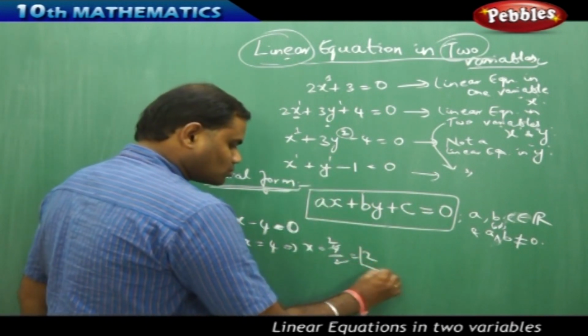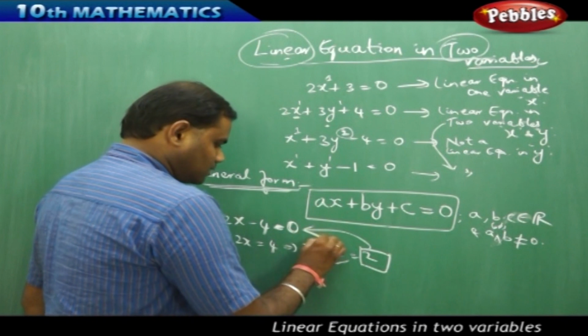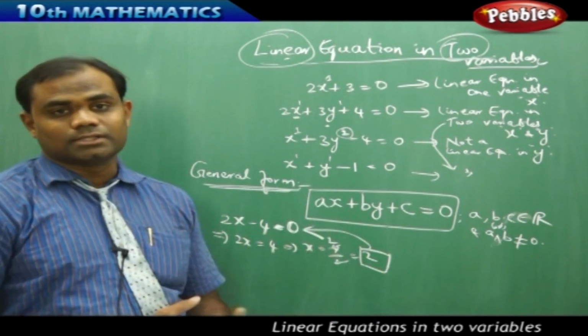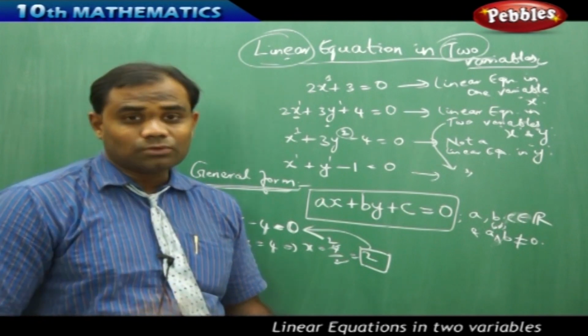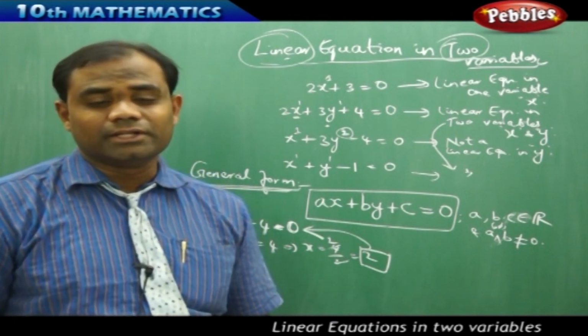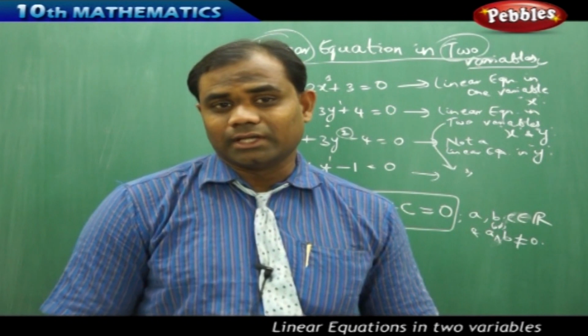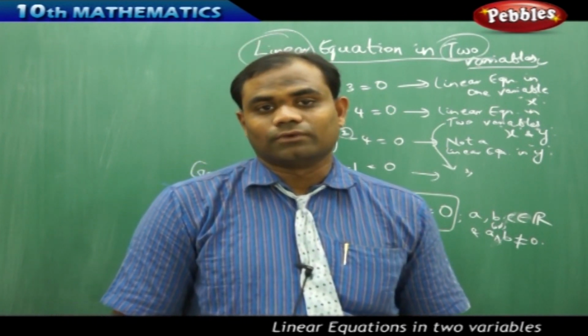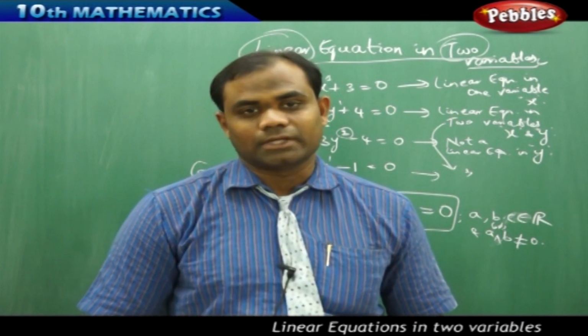So x is equal to 2 is the solution for a linear equation in one variable. But how do we find the solution of the linear equations in two variables, which has two unknowns, is what we are going to discuss in the continued session.